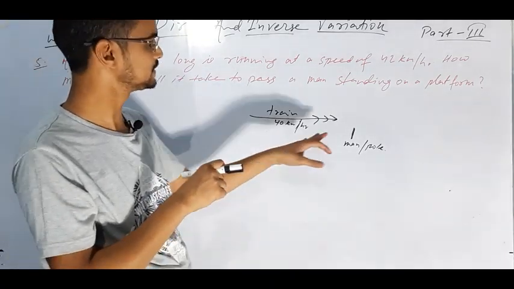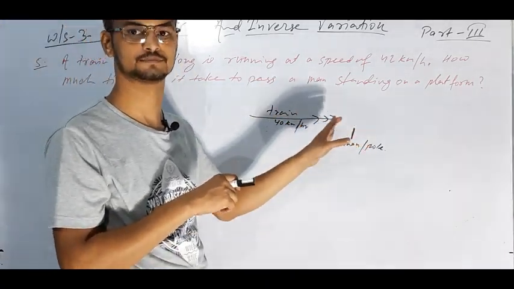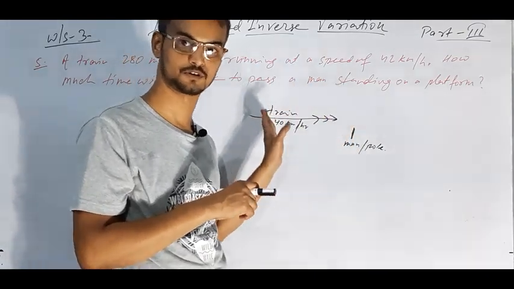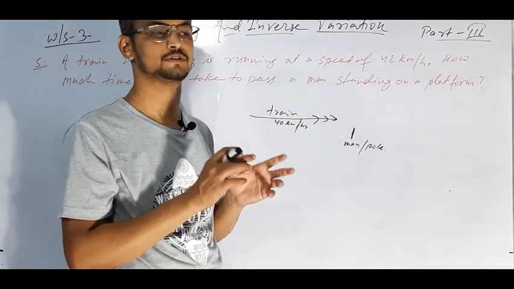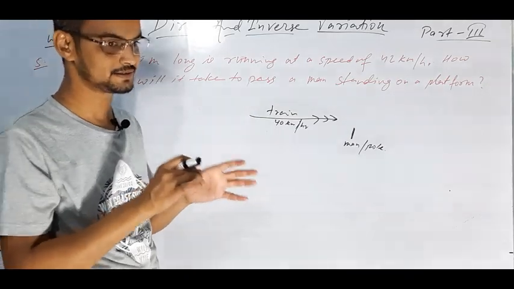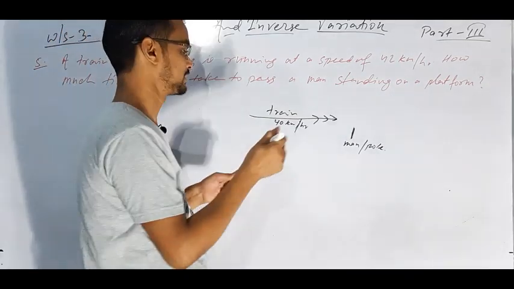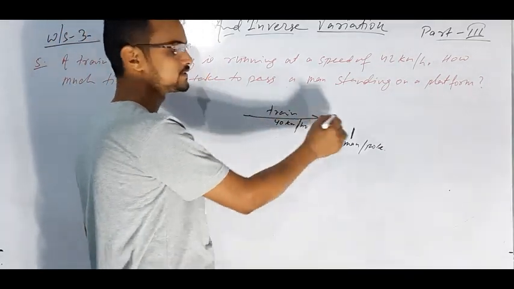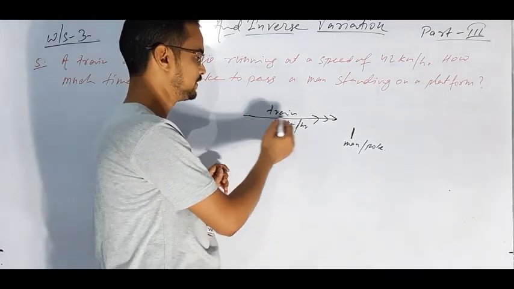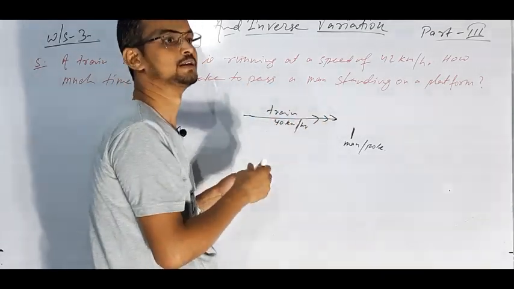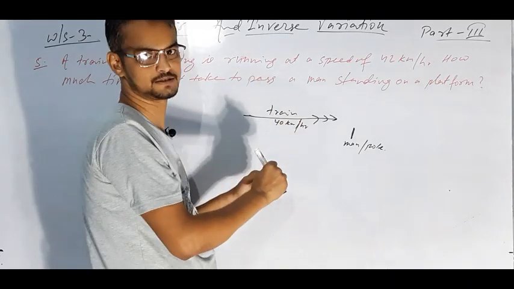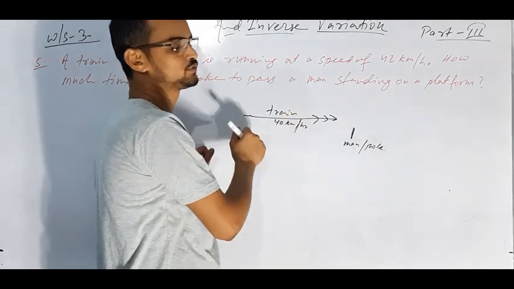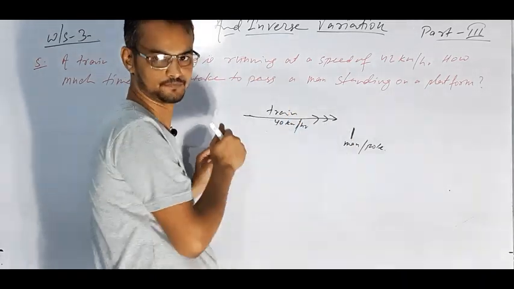But here the distance is not given. The distance is hidden in the length of this train. The length of the train is the distance that the train has to travel to pass this man.